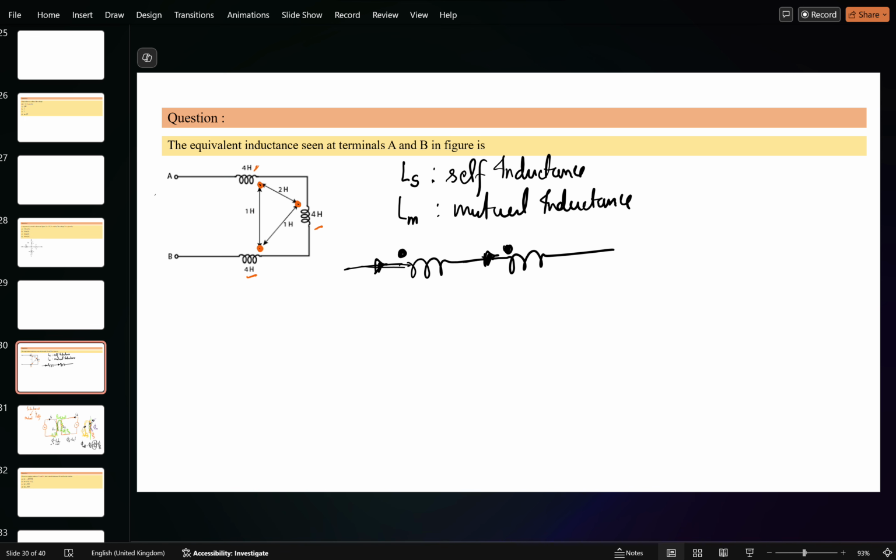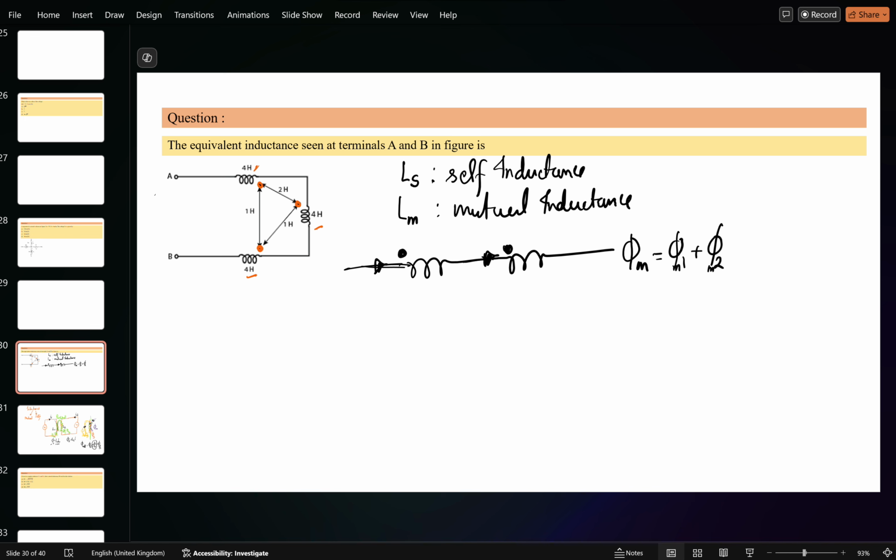When you see from the right hand thumb rule, you can see the current and the flux direction, and after that in the opposite circuit also how it is linking. Okay. So in this case, the phi mutual will be equal to phi m1 plus phi m2, whatever the components.